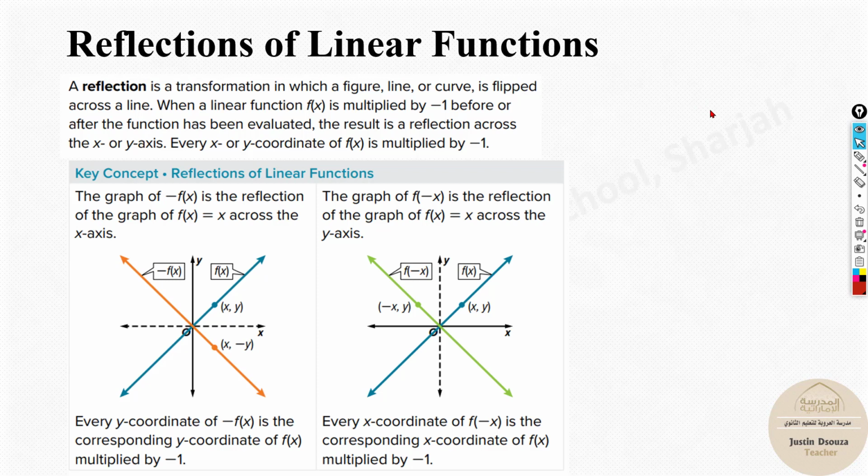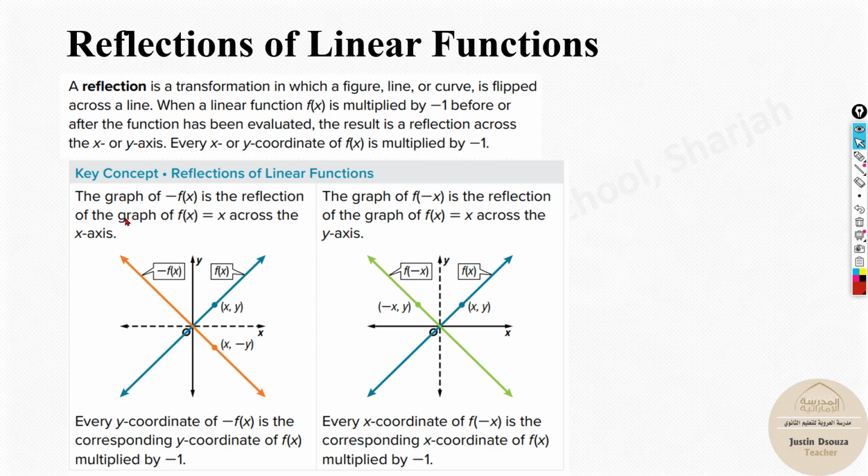Reflection is basically when you multiply by -1. Now, how it is multiplied makes a difference. Really, you can do it directly, but the concept is when you multiply the negative sign as a whole. See, when multiplied by -1 before or after the function, that is to do with the y-axis. Wait, let's see.